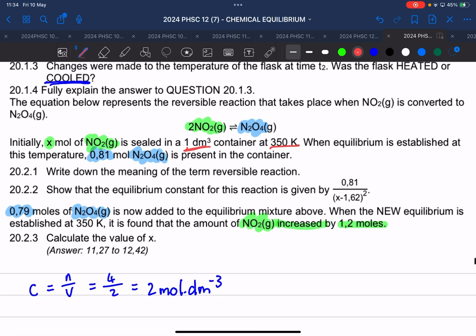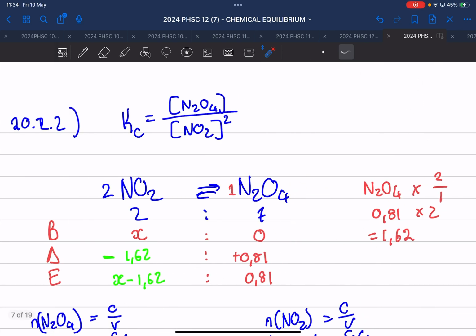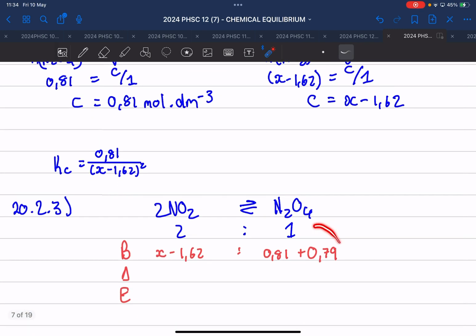That solution of 7.9 is how much we added to the system. The original one is the 0.81. That's how much we had at the end of our first equilibrium. Then we added some more. We added 0.79 to it.